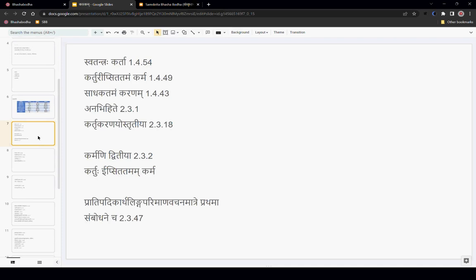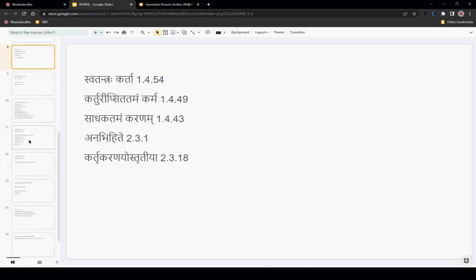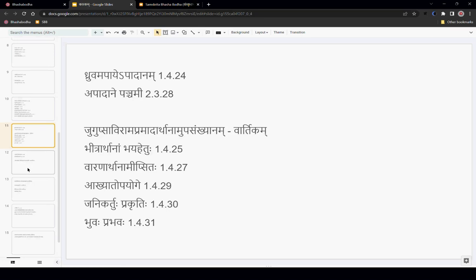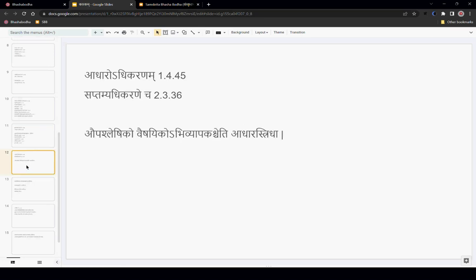Pratipadika-Arthalinga-Parimana-Vachana-Matre. Okay, so now Saptami Adhikarane, this we finished last time. Now again, we are not looking at the Upapada Vibhakti.